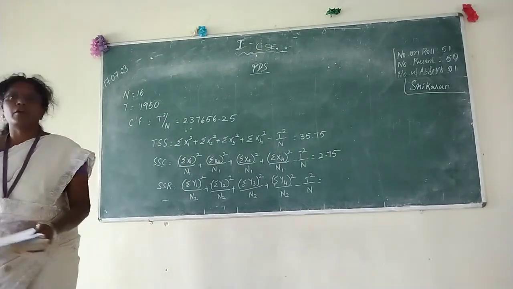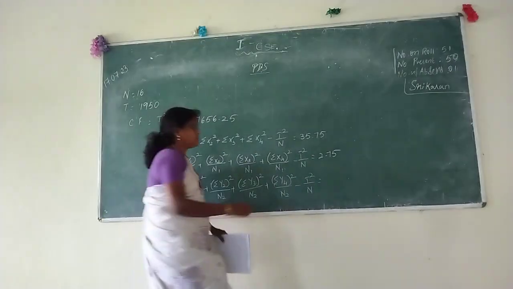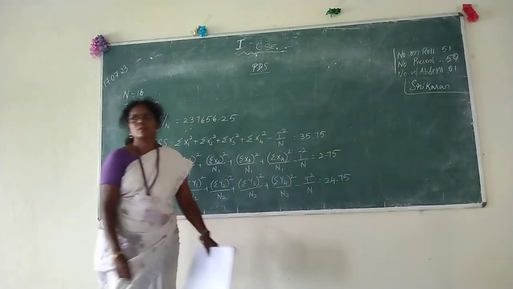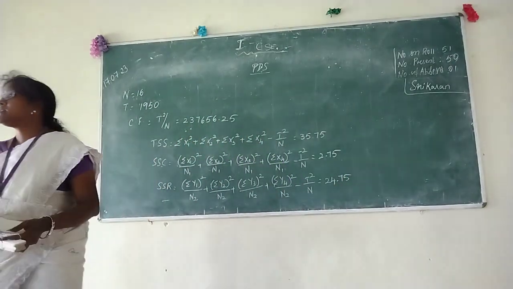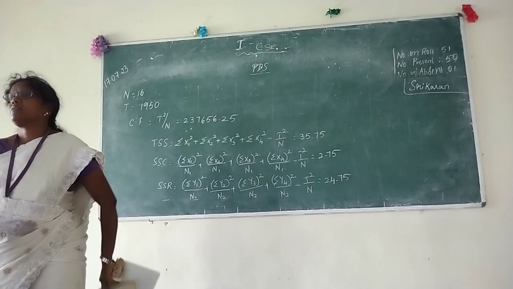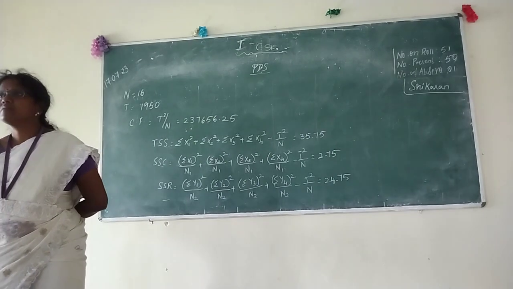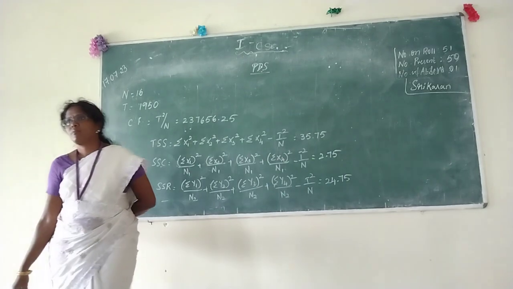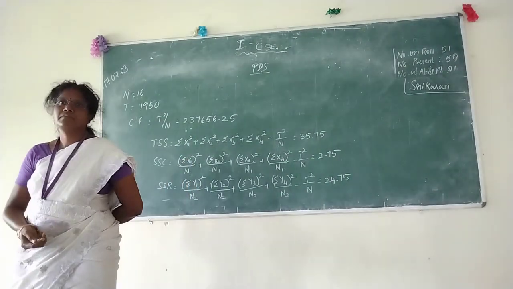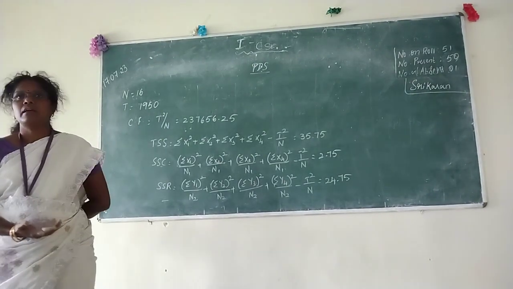N2 indicates the number of elements in each group. SSR is 24.75. You are not getting the same answer? Beautiful. SSR over.